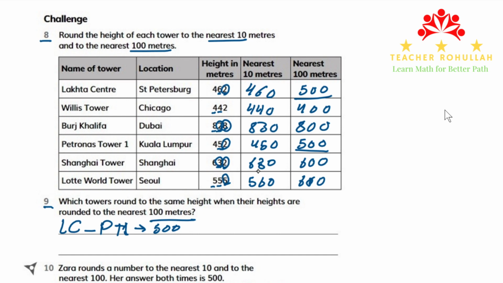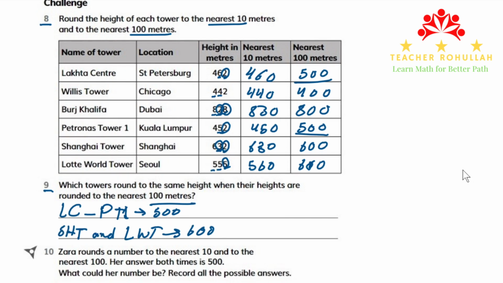The other two towers which rounded to the same height are Shanghai Tower, SHT, and Lot Tower, and they rounded to 600. So these are the towers that rounded to the same height.